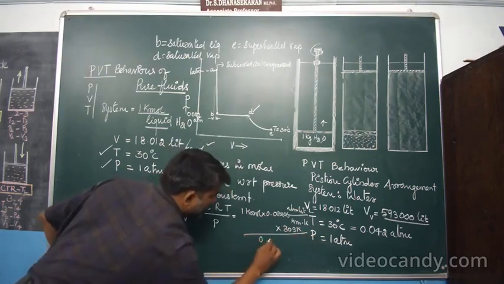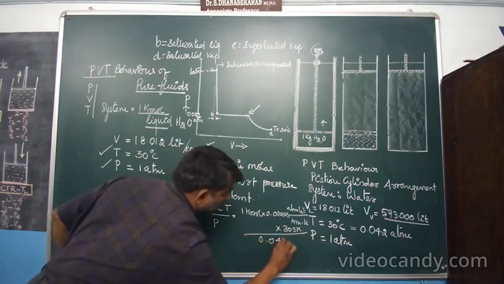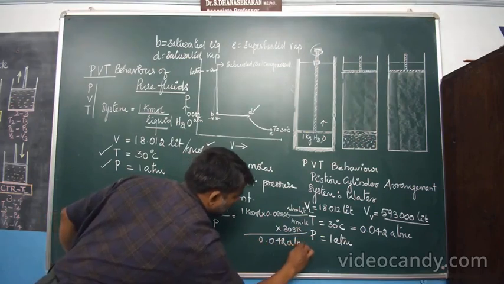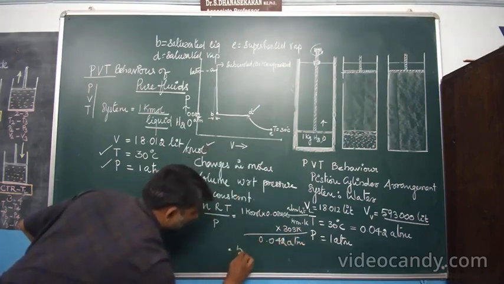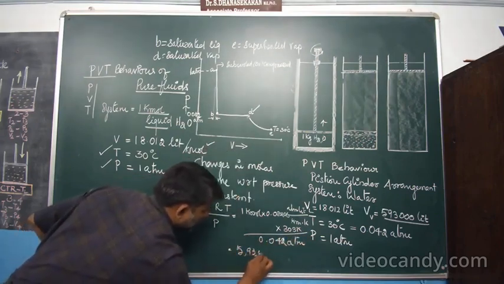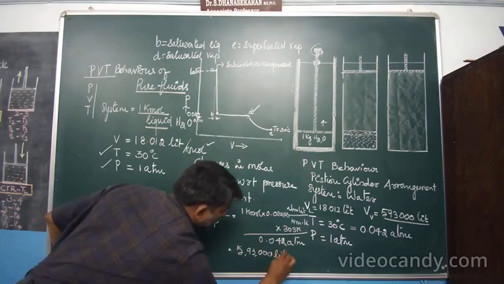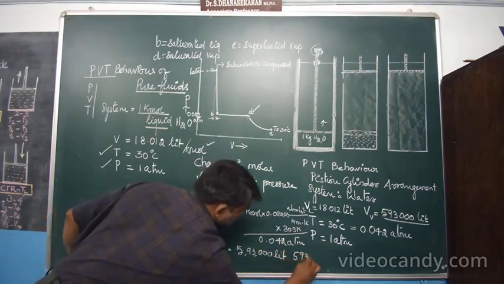Pressure is 0.0419 atmosphere. The value becomes 593 liters.